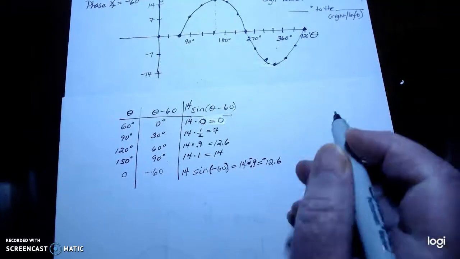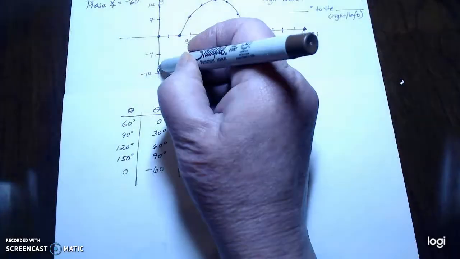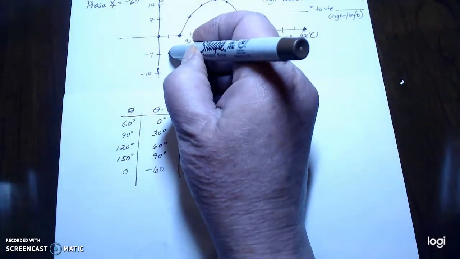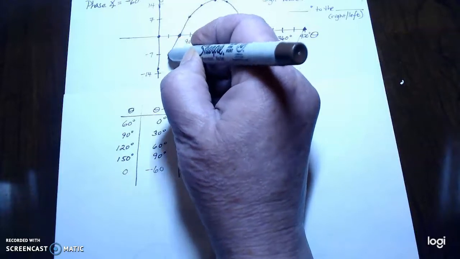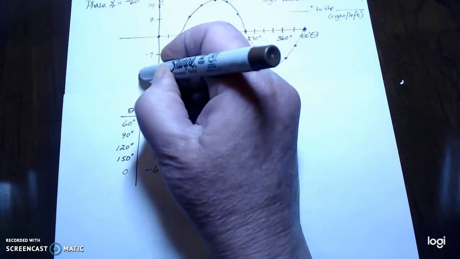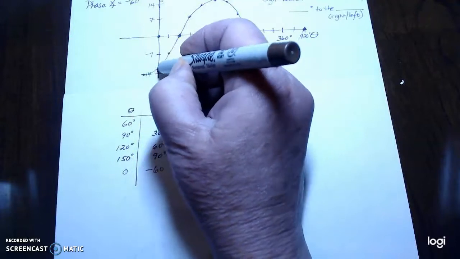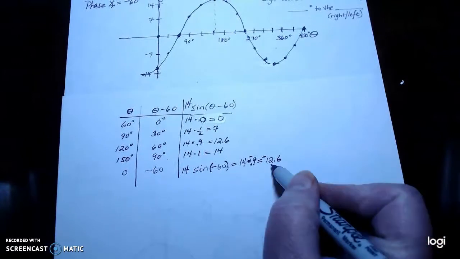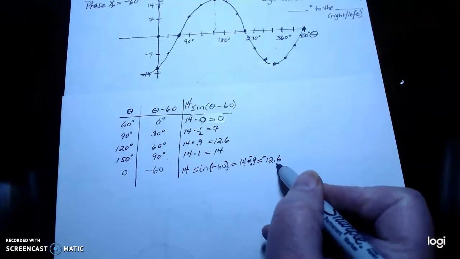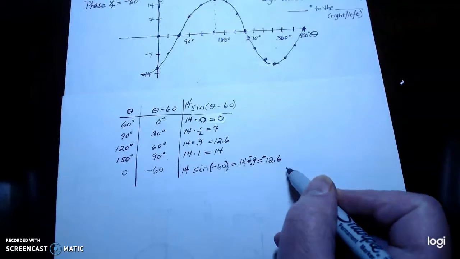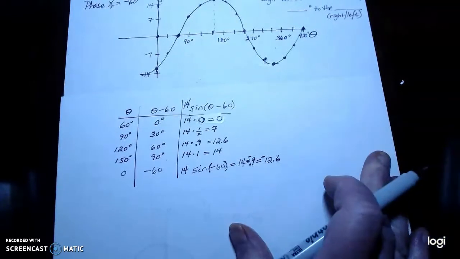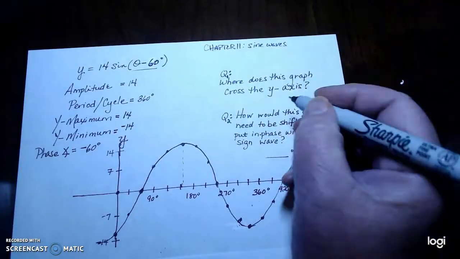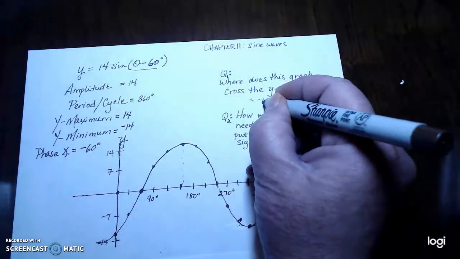So negative 12.6 approximately is where you're going to find that your graph crosses the axis right there. And you, of course, can find it more precisely than rounding to 0.9 if you choose to do so. So we can say approximately negative 12.6.